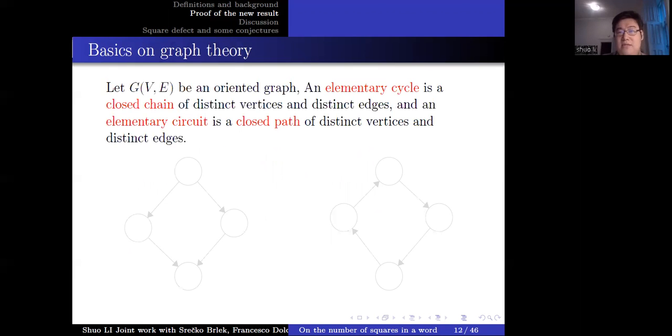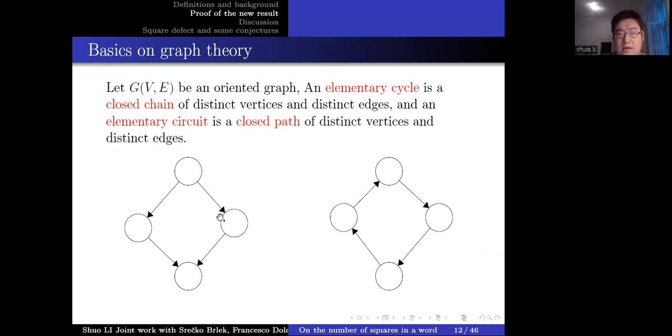So here, let me just clarify what I mean by cycles and sequences. A cycle, or more precisely an elementary cycle, is a closed chain of distinct vertices and distinct edges, whereas an elementary sequence is a closed path of distinct vertices and distinct edges. Here, let me just show you two graphs.